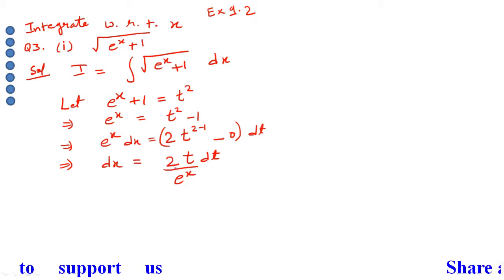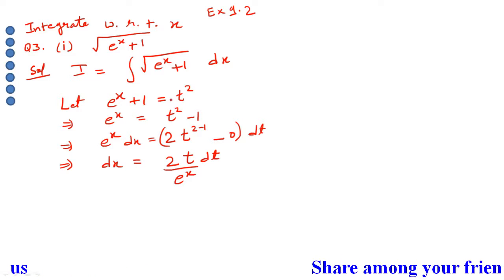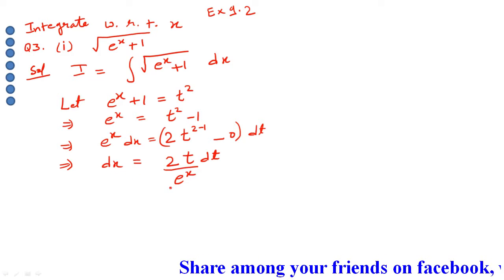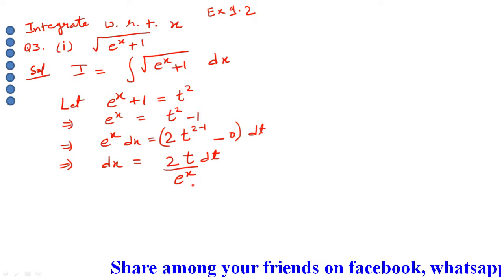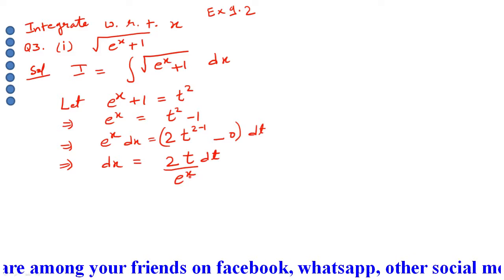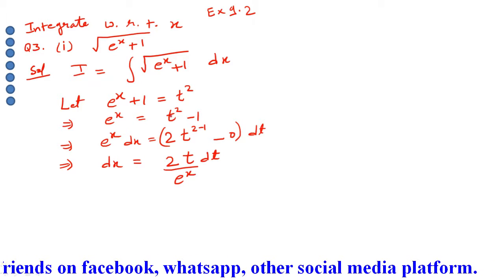Now students, whenever we assume any function as t or anything else, then after differentiation the complete function should come in the form of t only. But here you can see the x variable is also appearing, so this e to the power x we have to replace. So e to the power x is how much? t square minus 1.